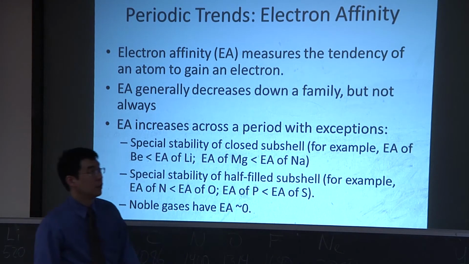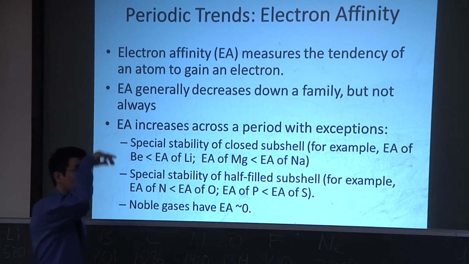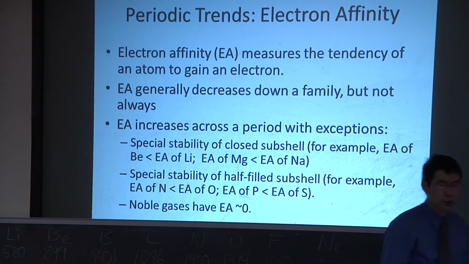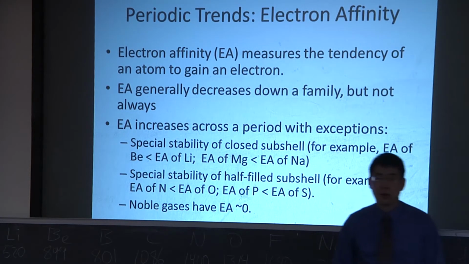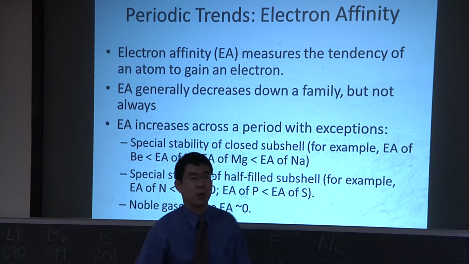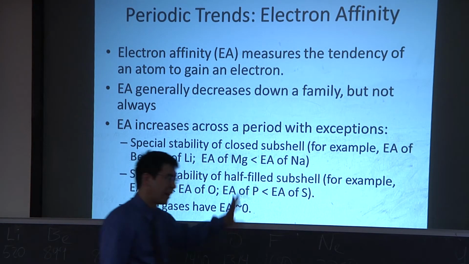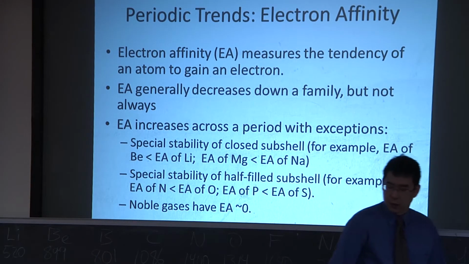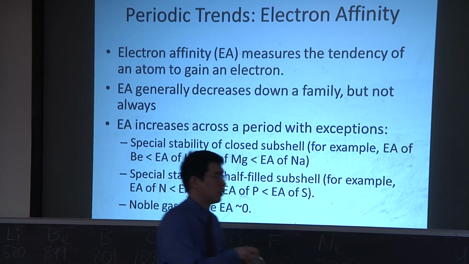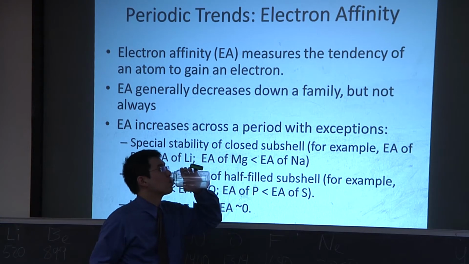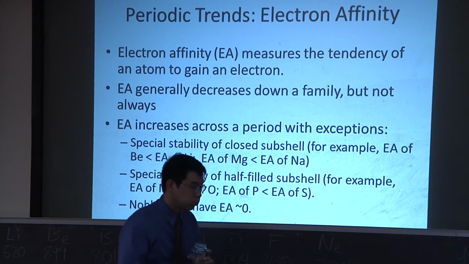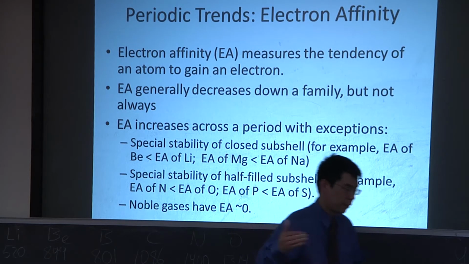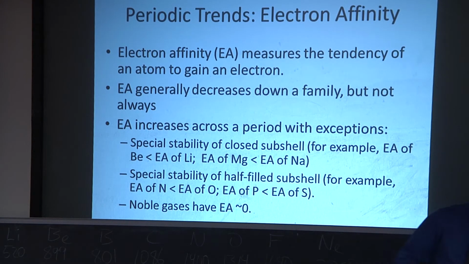So as you go down a column, the electron affinity usually decreases, but that's not always the case. Mainly because you're getting further and further away from the nucleus, it's easier to sneak an electron in there.